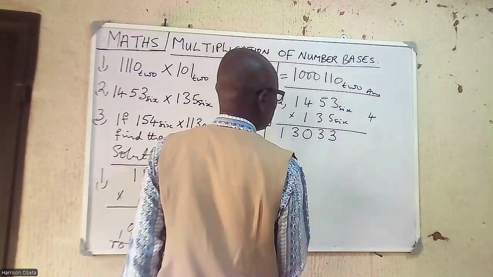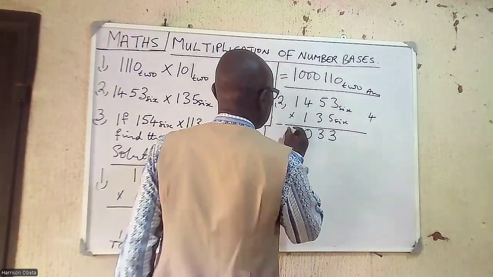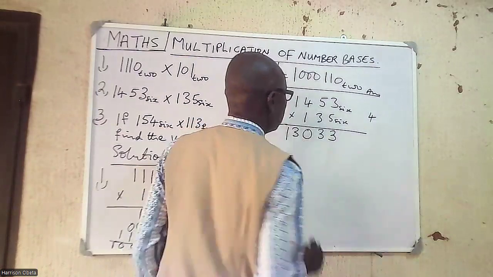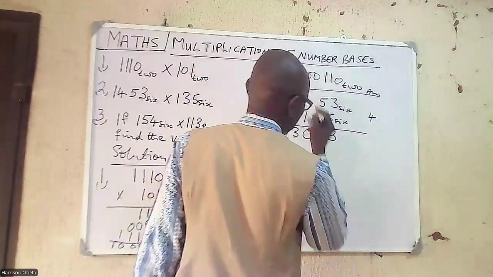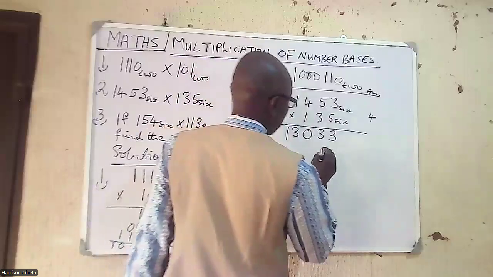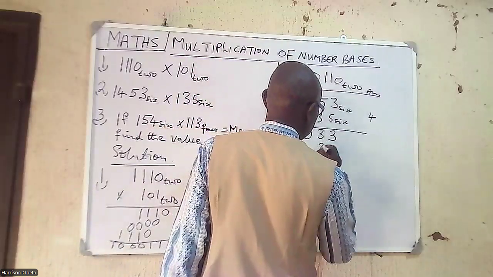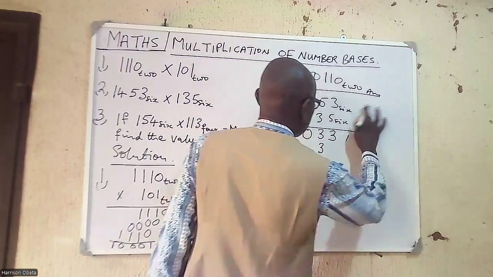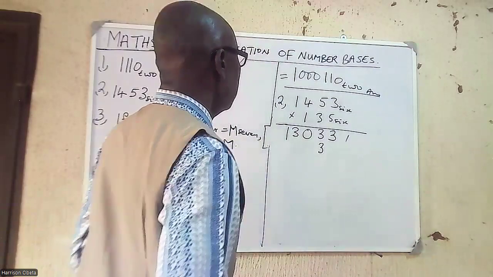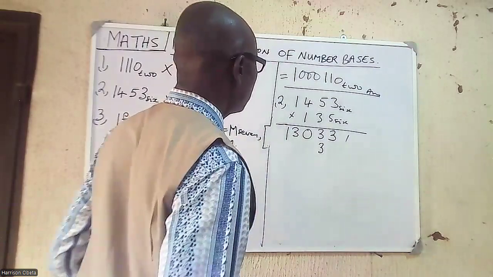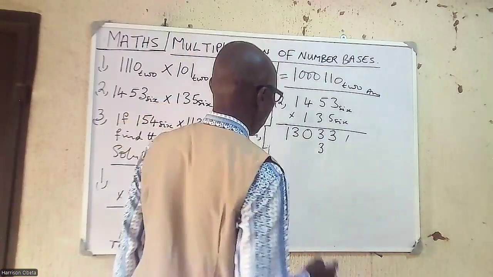So moving on, we pick the second value, which is 3 now. 3 times 3 is 9. And out of that, we have 1, remainder 3. You carry 1. 3 times 5 is 15, plus 1, 16. Check, that should be 2, remainder 4.